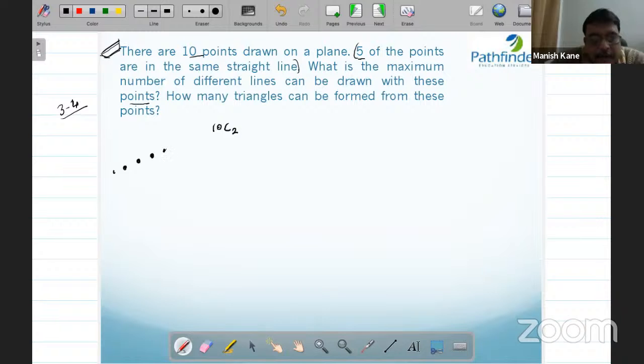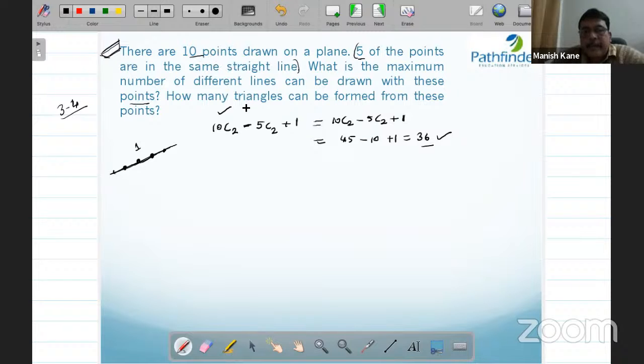They will form only one line. 1, 2, 3, 4, 5. These 5 points are bound to form only one line. So I have to subtract 5C2 lines which have been counted and add this one line which has been formed. So my answer will be 10C2 minus 5C2 plus 1. So 45 minus 10 plus 1 will give me 36 as the answer.